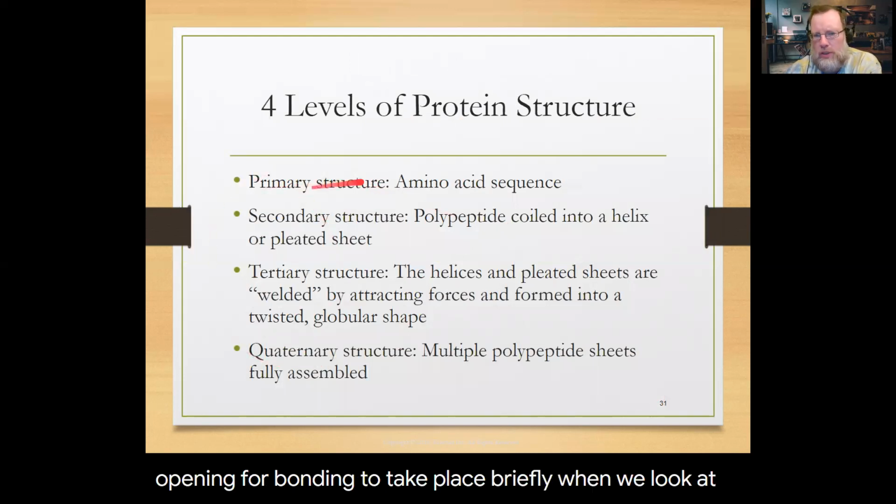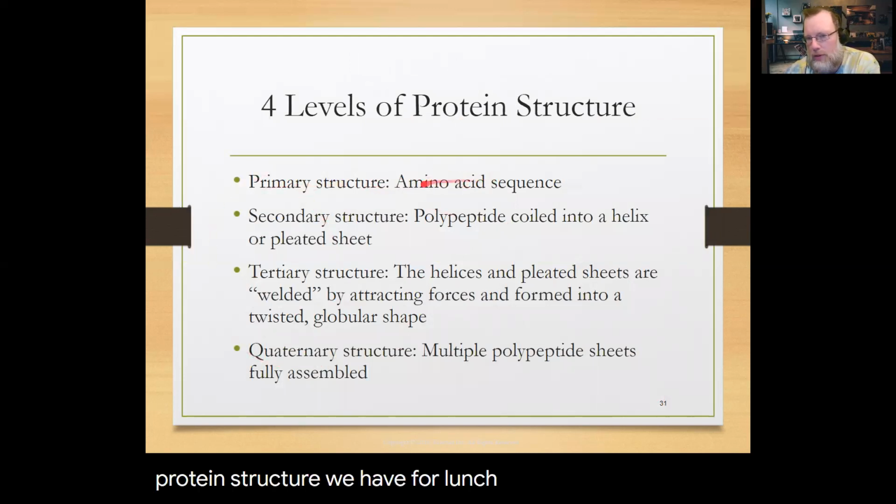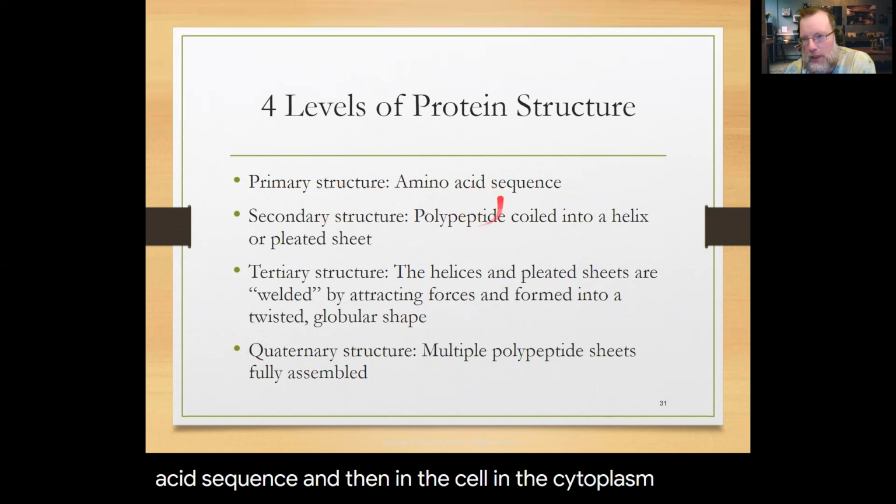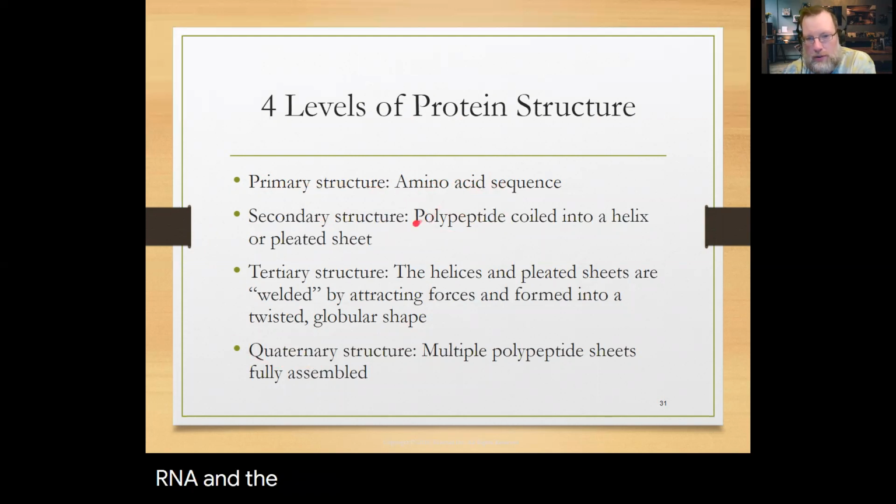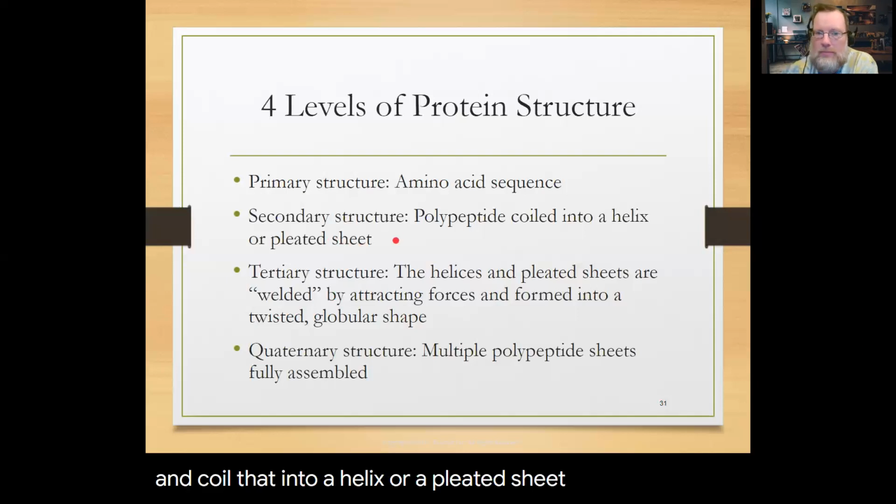Briefly, when we look at protein structure, we have 4 levels. You have the amino acid sequence, and then in the cell, in the cytoplasm with the RNA and the ribosomes, we form a polypeptide and coil that into a helix or a pleated sheet. So it sounds like we're doing some tailoring here.